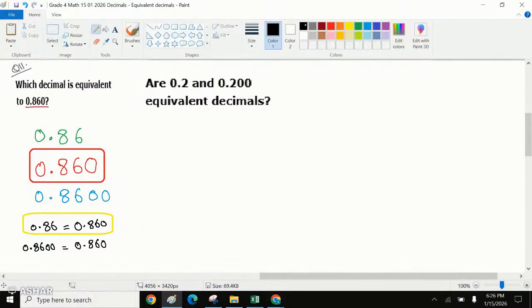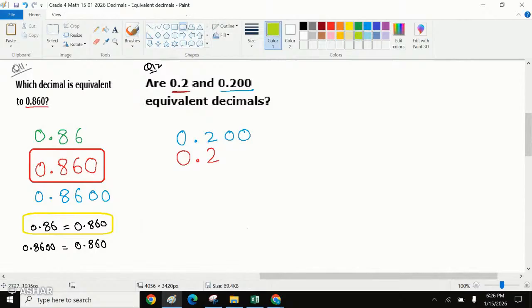For question number 12, the first number is 0.2. And the second number was 0.200. So are these two numbers equivalent decimals?